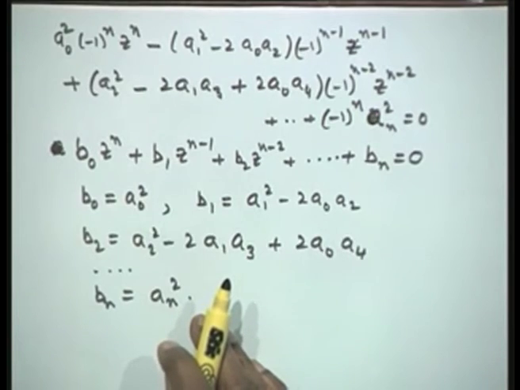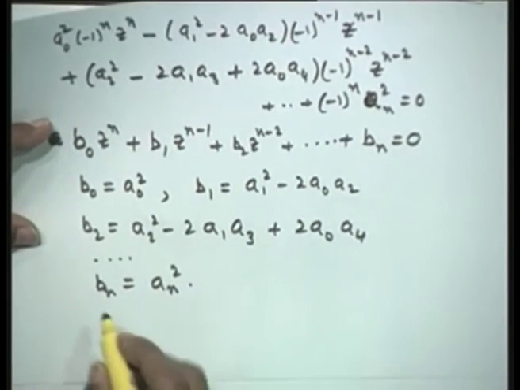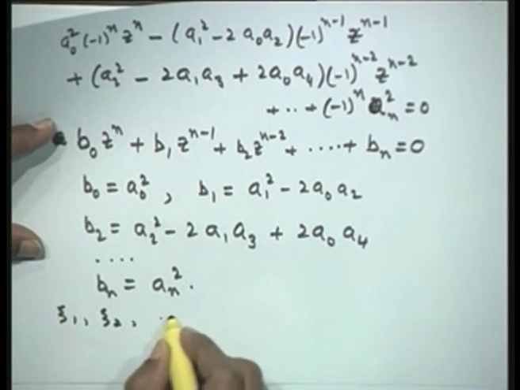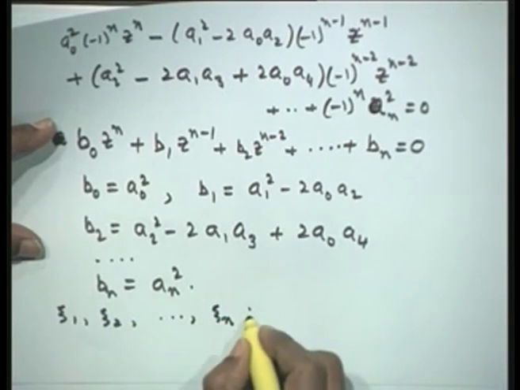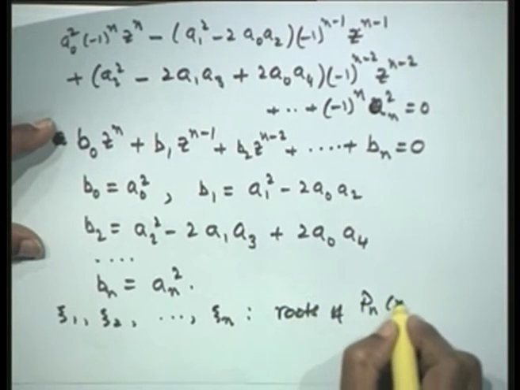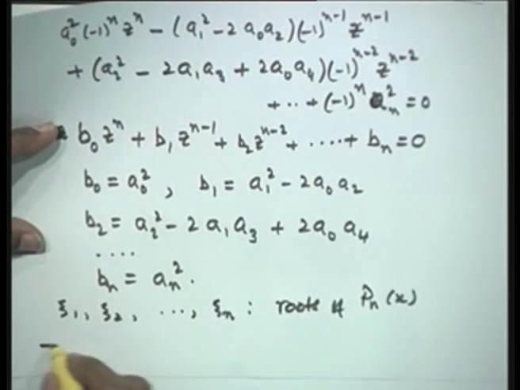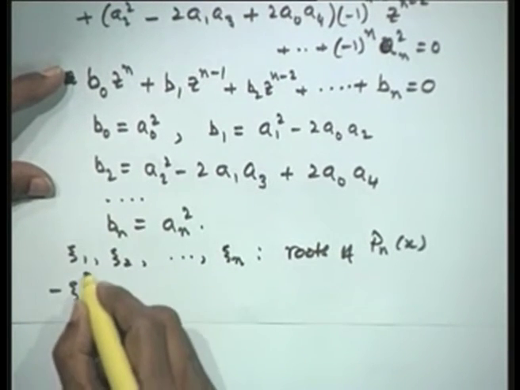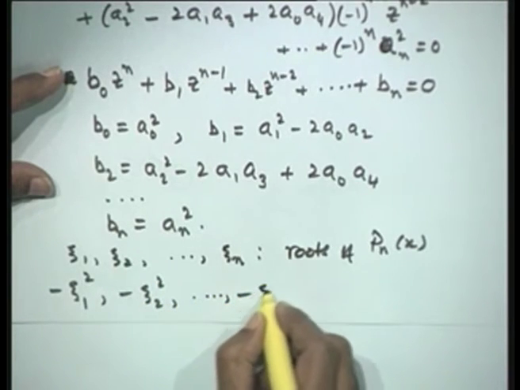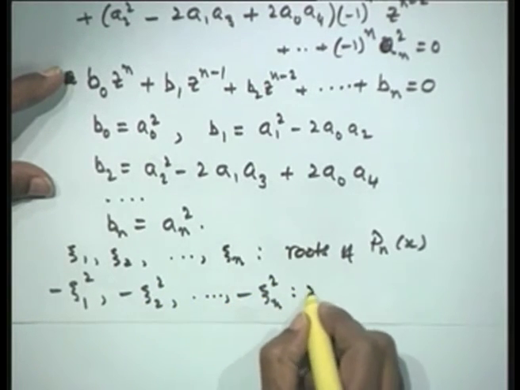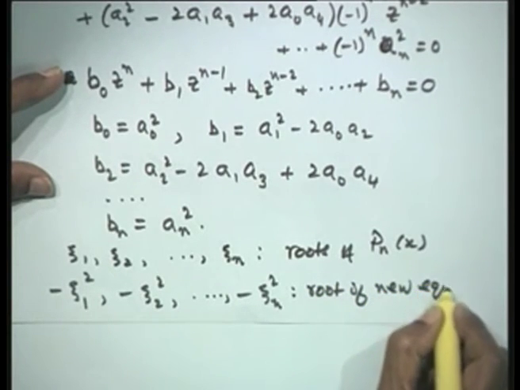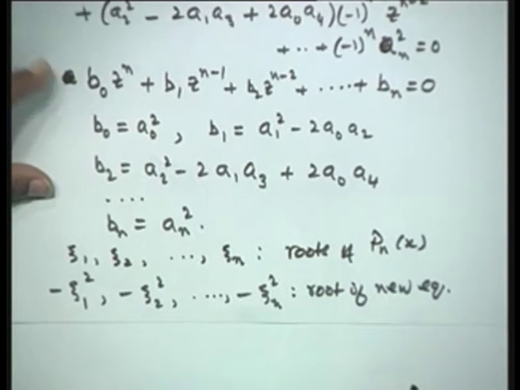Therefore, if the original equation has roots xi1, xi2, up to xi n as the roots of p and x, then the roots of the new equation are minus xi1 square, minus xi2 square, and so on, minus xi n square. These are the roots of the new equation.